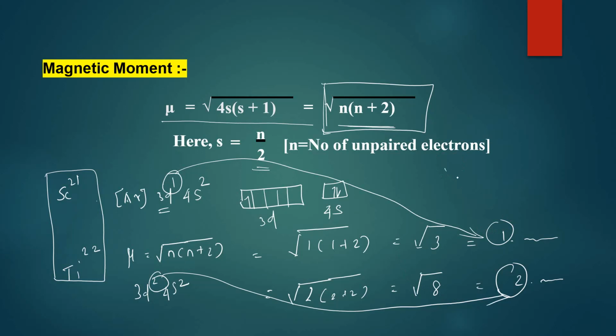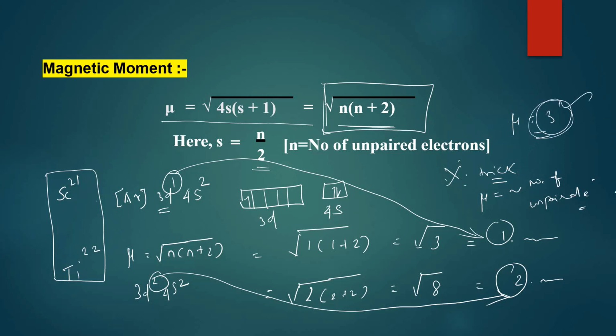So this is a short trick, important. Remember, note it down. The mu value, that is the magnetic moment value, is approximately equal to the number of unpaired electrons. Got it? If in a problem the value of magnetic moment is given as 3, and they ask whether the substance is paramagnetic or diamagnetic, we can easily ascertain that the number of unpaired electrons is 3, so it will be paramagnetic.